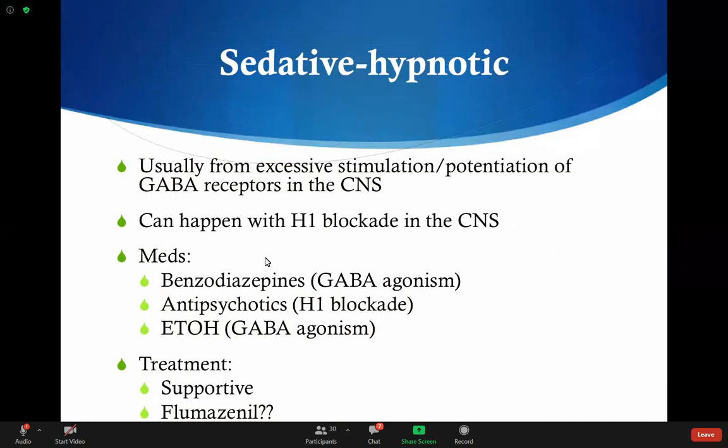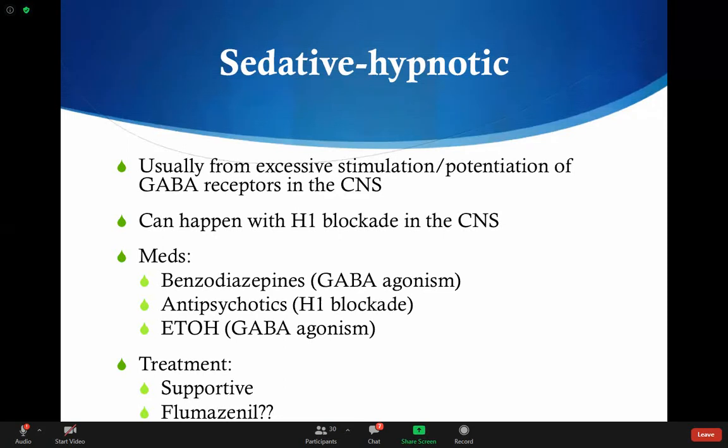As I mentioned, benzodiazepines, antipsychotics, usually due to the antihistamine effect, because all non-selective antihistamines cause sedation, and then alcohol due to GABA stimulation, same as benzodiazepine. So we treat them with supportive care. The most important is ABC. You intubate them if they are not protecting their airway or not breathing, they have apnea, then you intubate them and breathe for them.